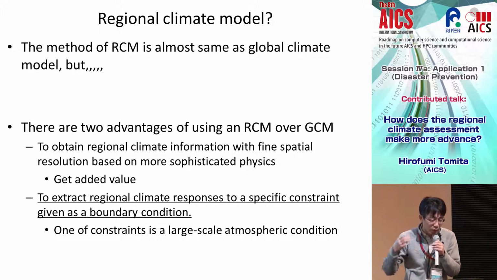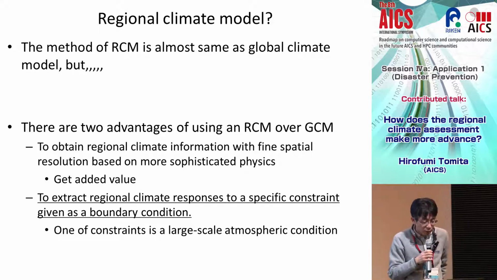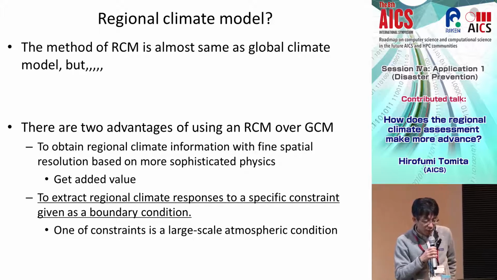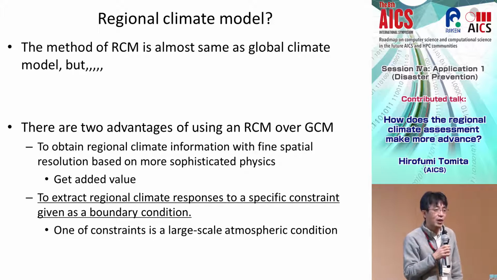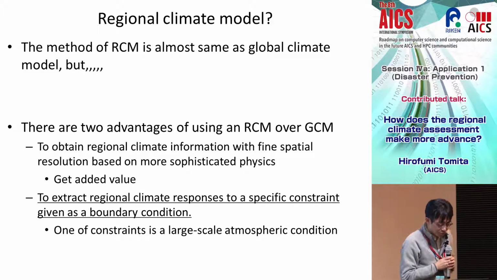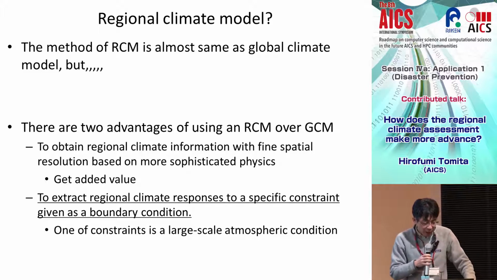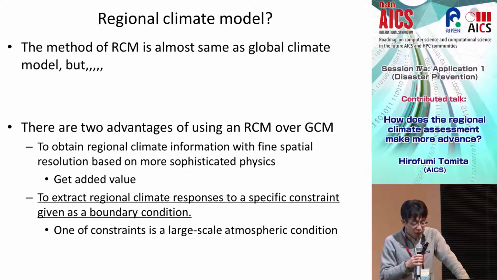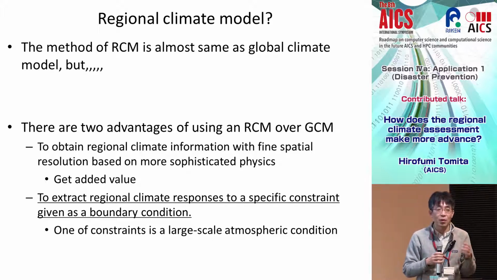To obtain regional climate information with fine spatial resolution based on more sophisticated physics. This leads to the added value over the GCM. And also, we can extract the regional climate response to a specific constraint given as a boundary condition.